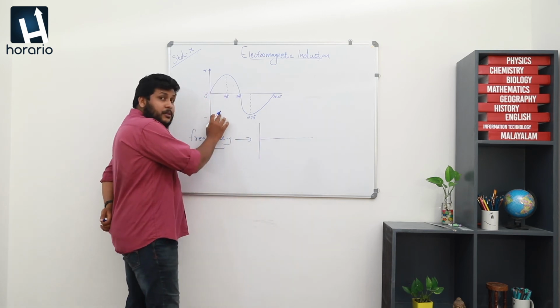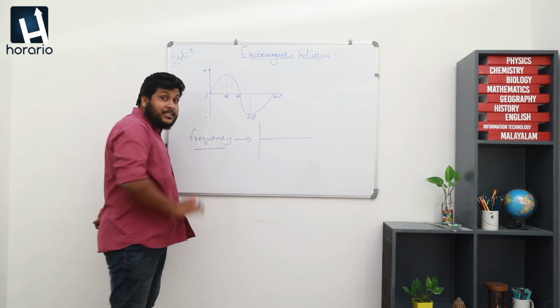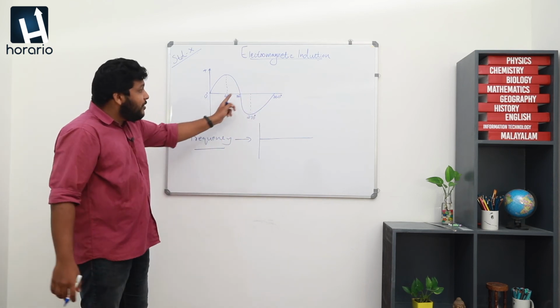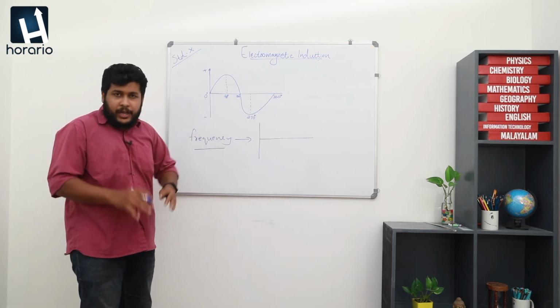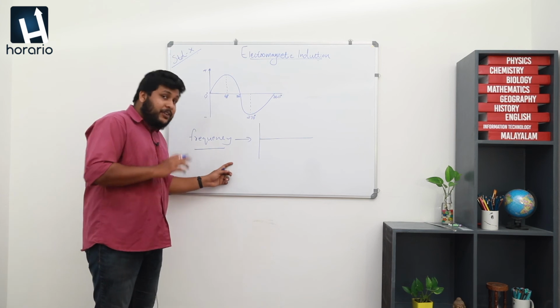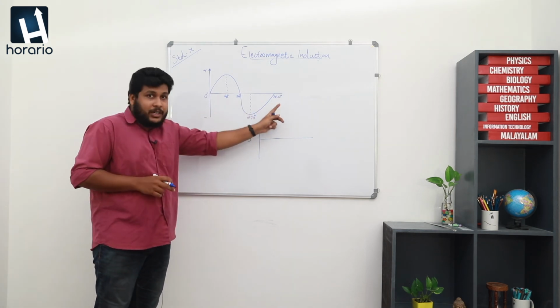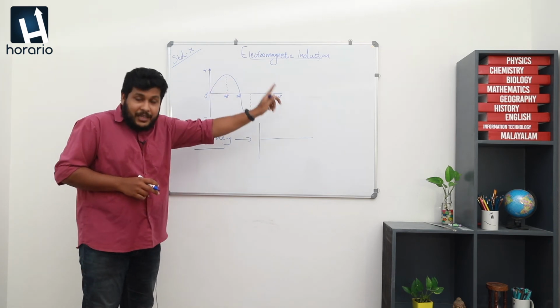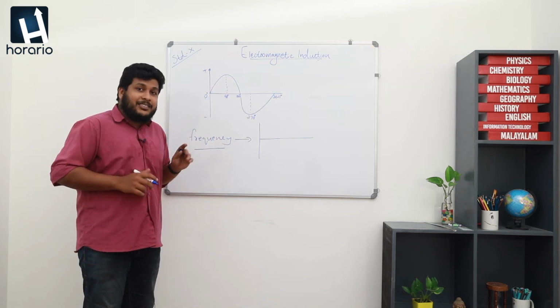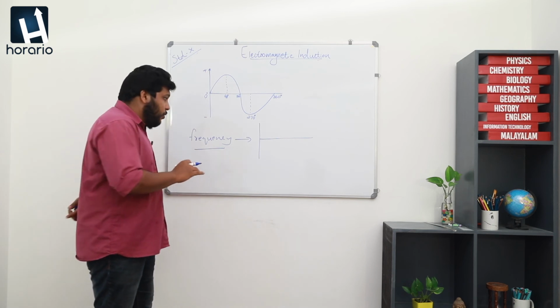A wave which starts from 0 degree to 360 degree passes in a certain amount of time, which is termed as period. So here the frequency means the number of waves, or the number of complete rotations, that take place in 1 second.